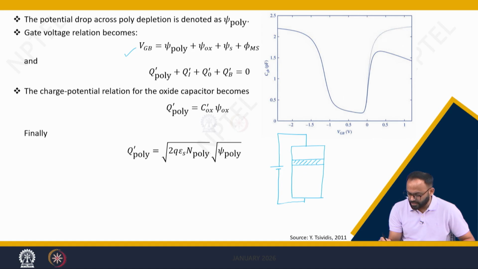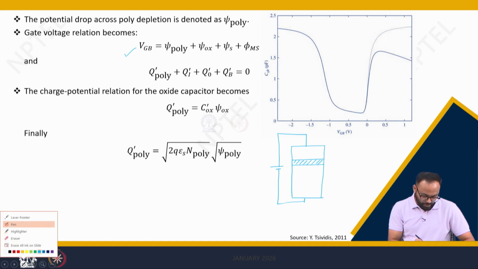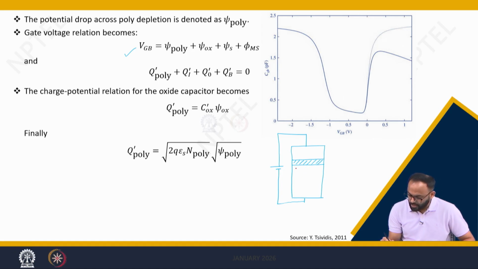So, let us consider this is an oxide. Moreover, we do have an additional drop which is across the contacts. So, this voltage is psi s, this voltage is psi ox, and here there is a polysilicon depletion. Because of that, the polarity of this voltage is also plus and minus, psi poly.